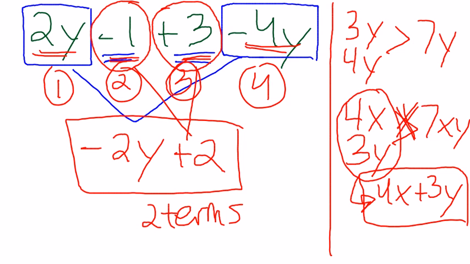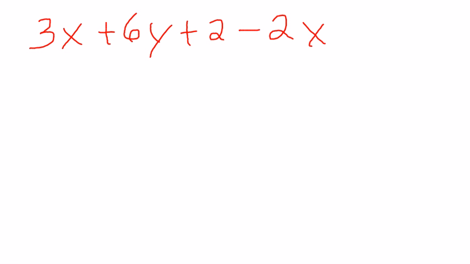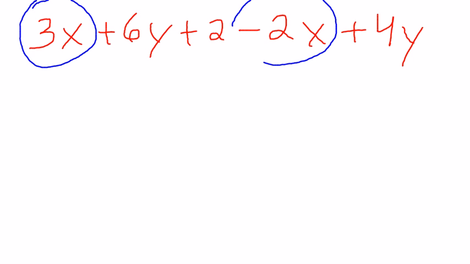We'll do one more, and this time we're going to do it with 3 different terms. How about 3x plus 6y plus 2 minus 2x plus 4y. Now I've added a second variable in here. Let's circle all the ones with the x's, again being sure to circle them with the sign.